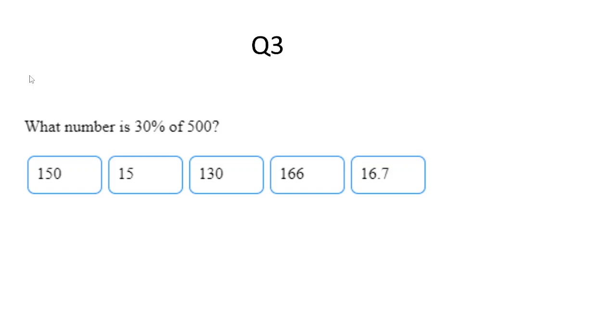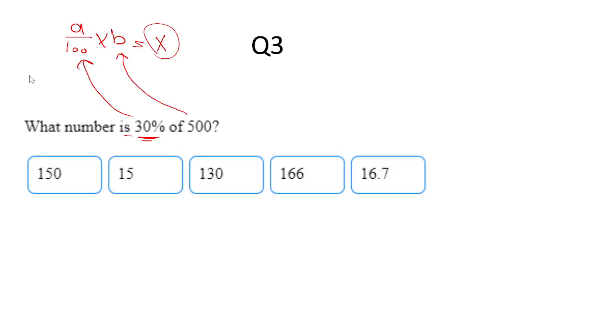Same thing. Once I see a percentage, I write down the formula, equal x. Now, what number is 30% of 500?